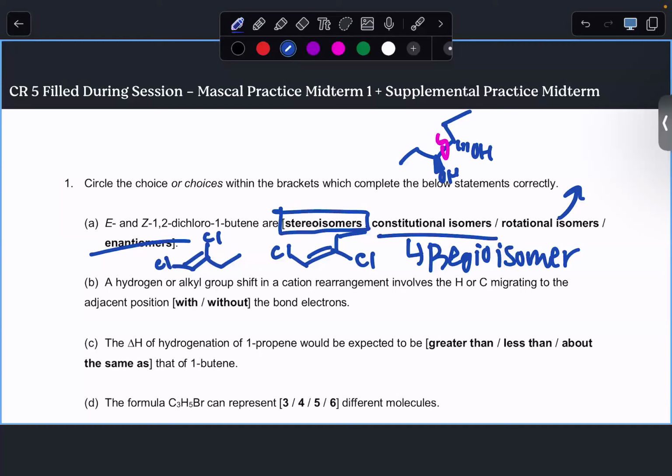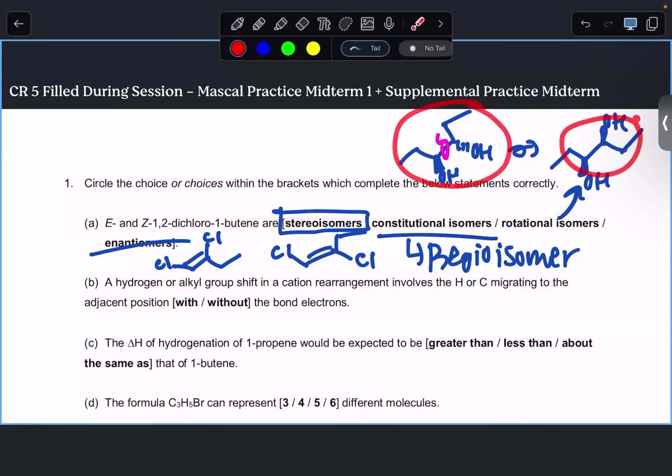So if we rotate that single bond, we could get OH, OH. So these are the same exact identical molecules, but I just rotated that single bond to make this backbone a zigzag form, which inverts this dash alcohol into the wedge alcohol, but it's still the exact same molecule.